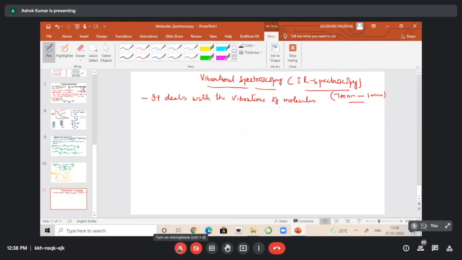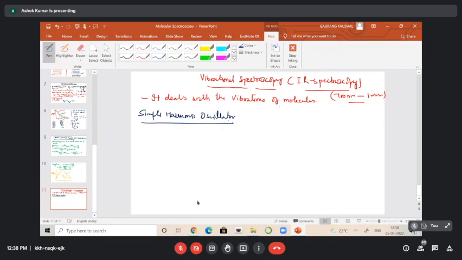This is a simple harmonic oscillator. Okay, so we can ideally assume that these molecules are vibrating like a simple harmonic oscillator.